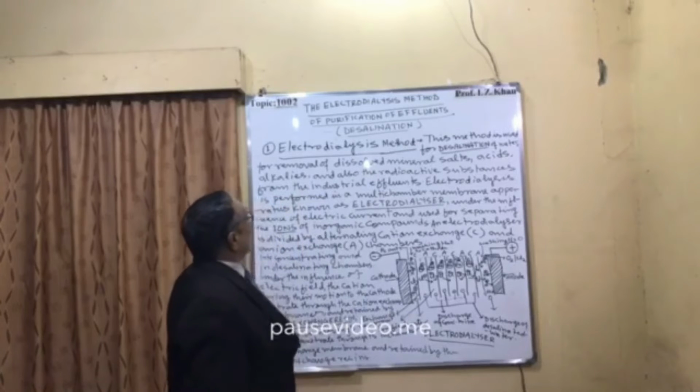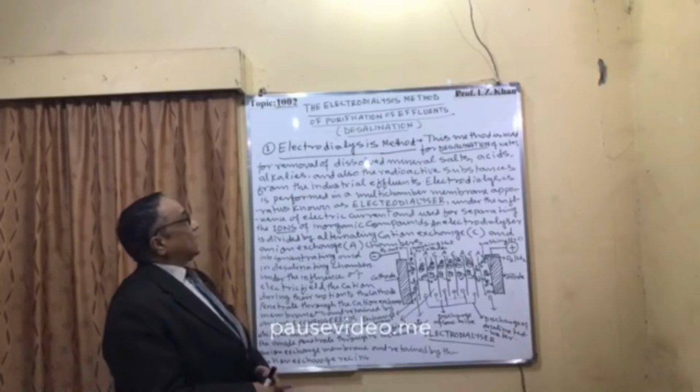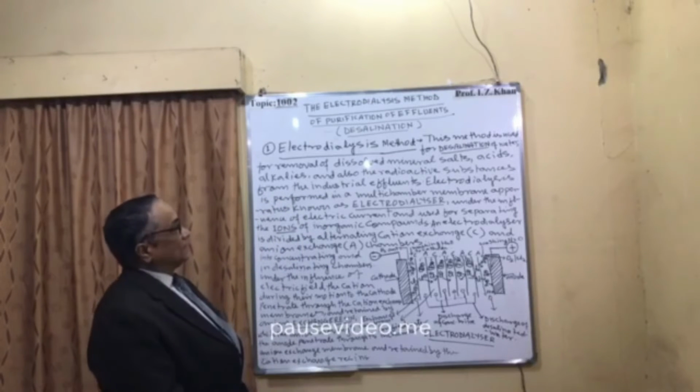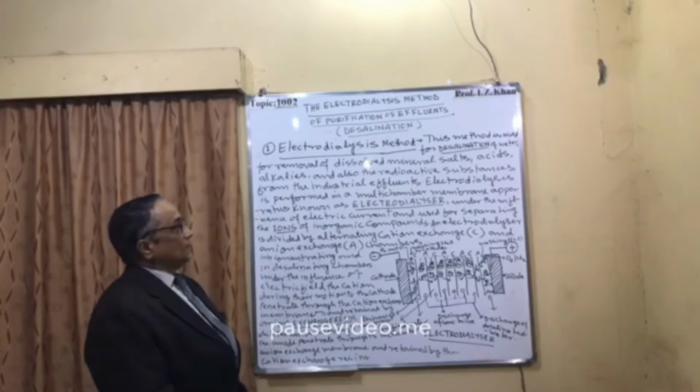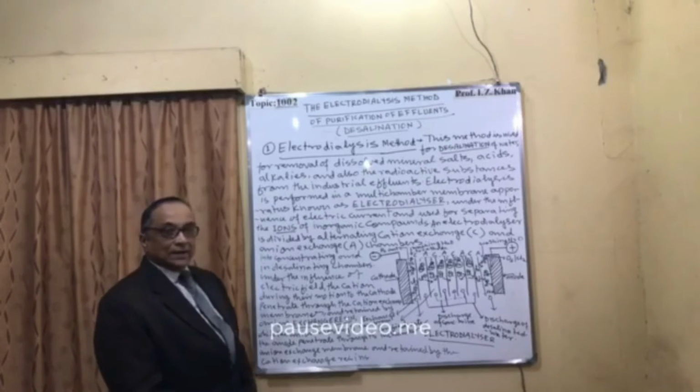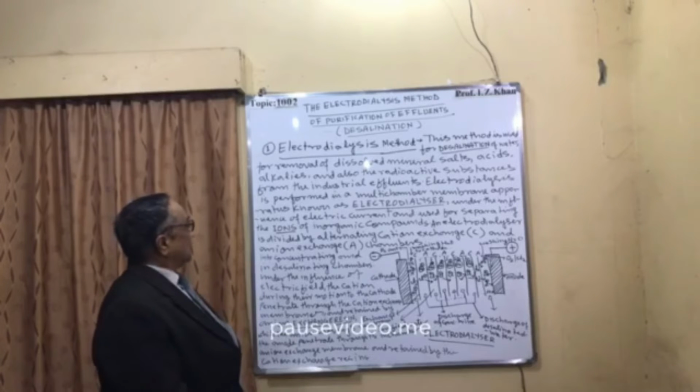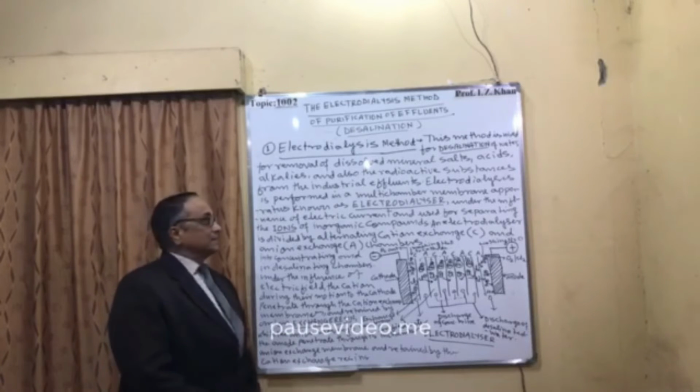So first, the electrodialysis method. This method is used for desalination of water, for removal of dissolved mineral salts, acids, alkalis, and also radioactive substances from the industrial effluents.